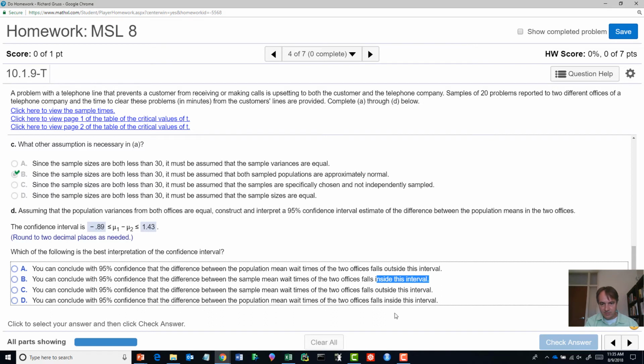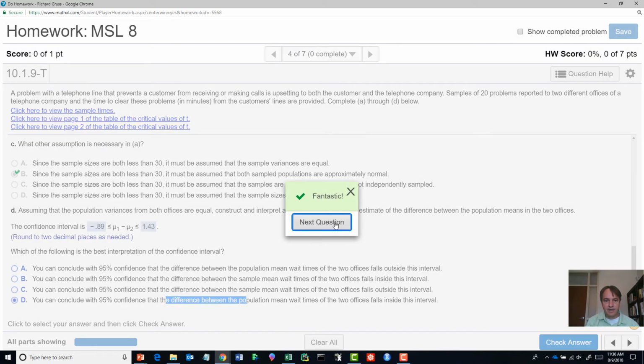Remember again, we want to draw an inference about the population means, not the sample means. So we're going to be 95% confident that the difference in population means falls inside this interval. D is correct.